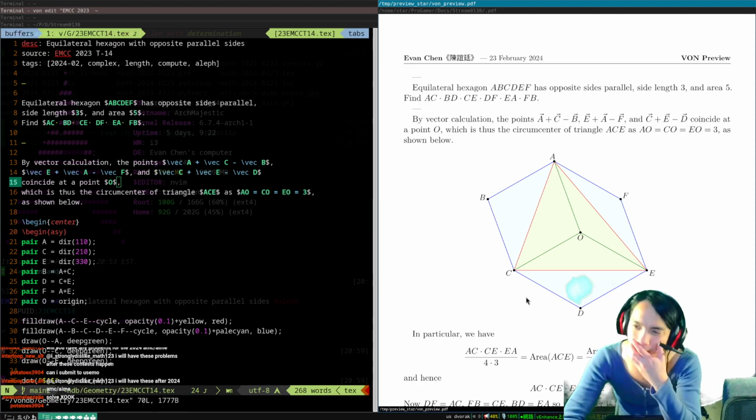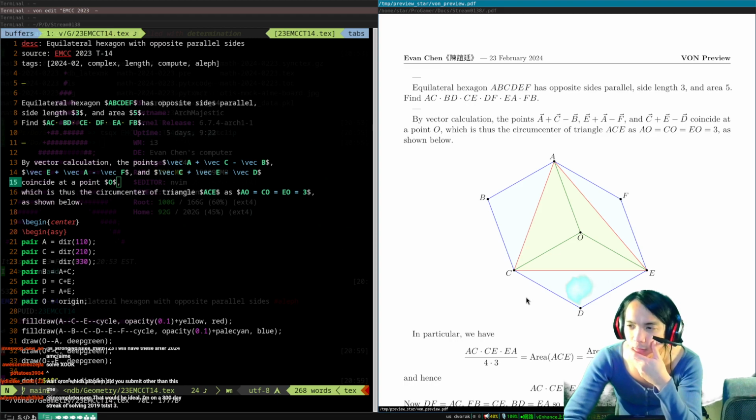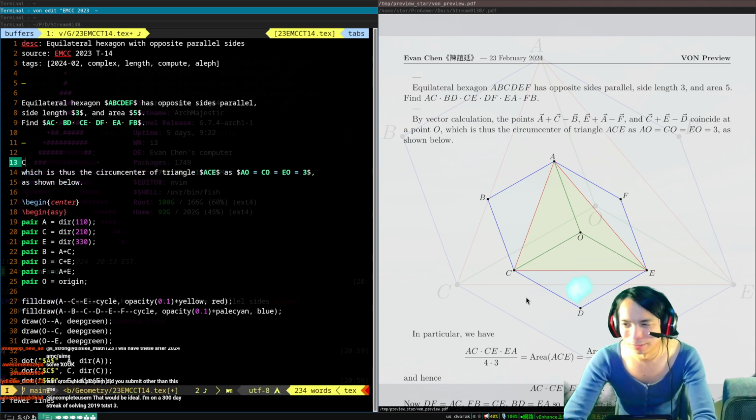How do I describe it? Maybe I should just say construct parallelogram. Okay, yeah, let me not use vectors actually. This is construct parallelogram.